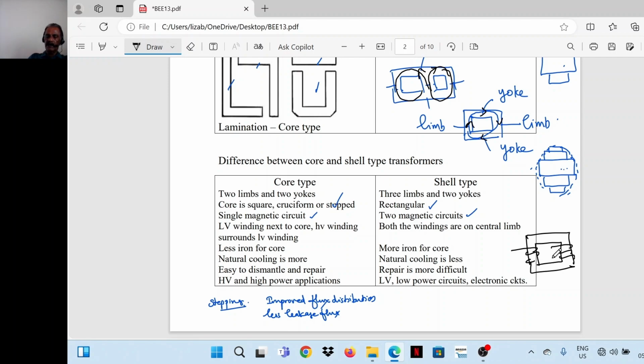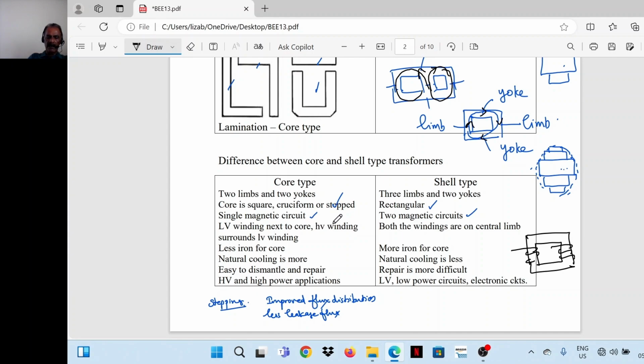This kind of construction is used again to make the flux distribution more uniform and reduce leakage flux. That is, low voltage winding is half on one limb and the remaining half on the other limb. Likewise, HV winding is over this. HV winding surrounds LV winding. Half of the HV winding is on one limb, and the remaining half is on the other limb.